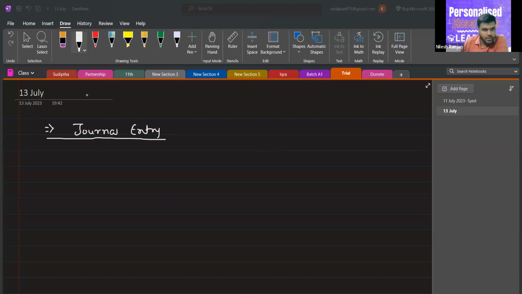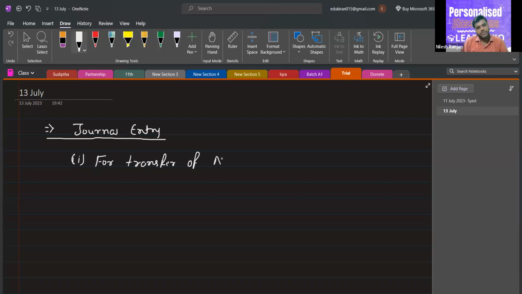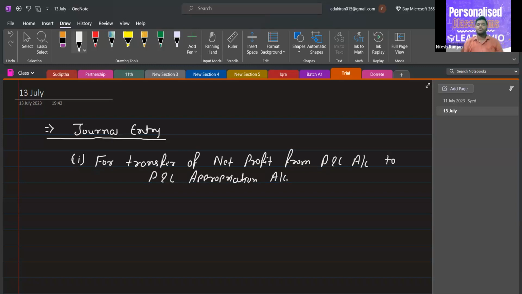So first of all, for transfer of net profit from profit and loss account to profit and loss appropriation account, can you tell me what will be the journal entry?